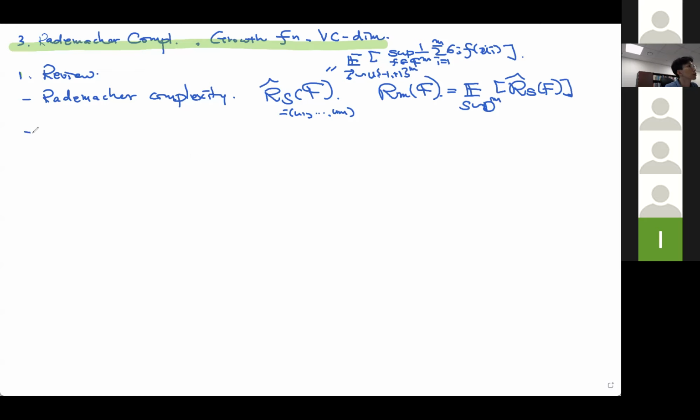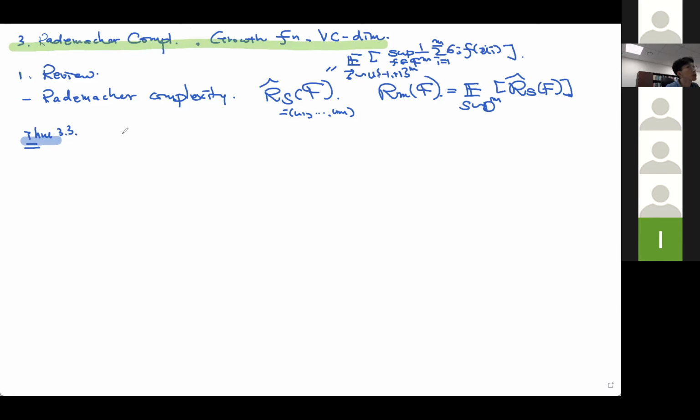The particular theorem that we were in the middle of proving last time was Theorem 3.3, and the theorem says the following.